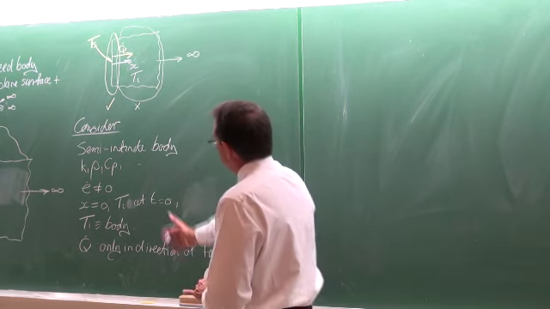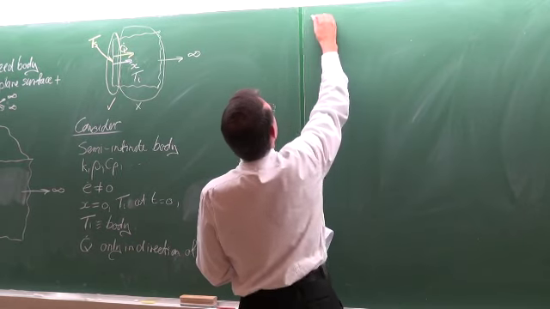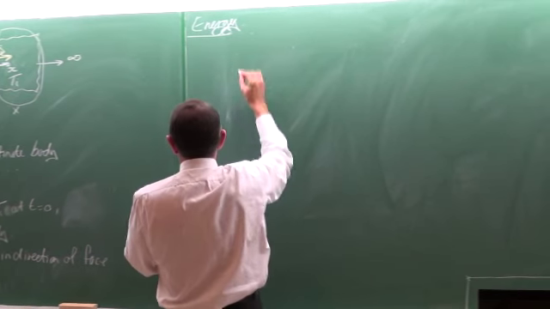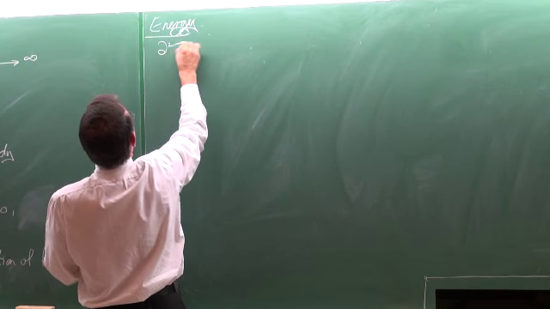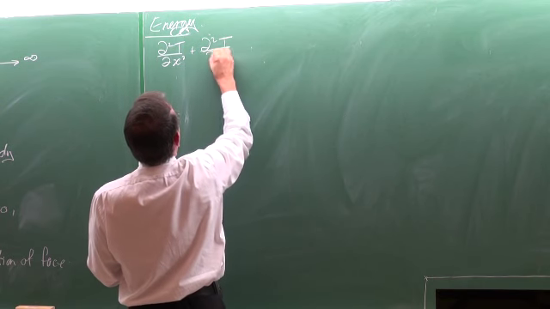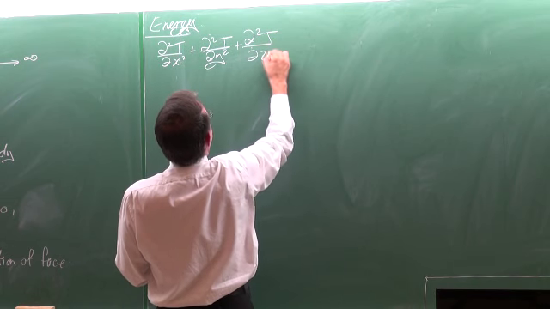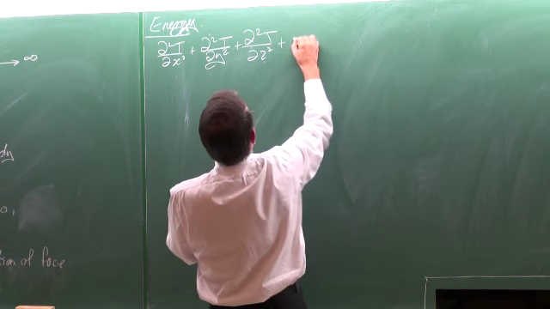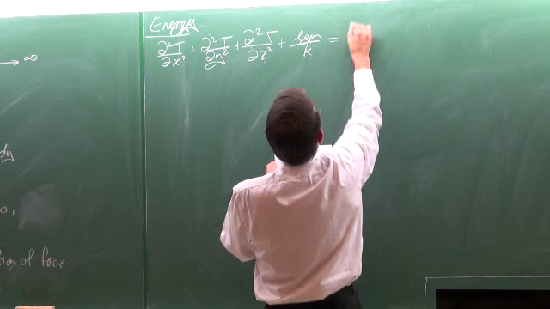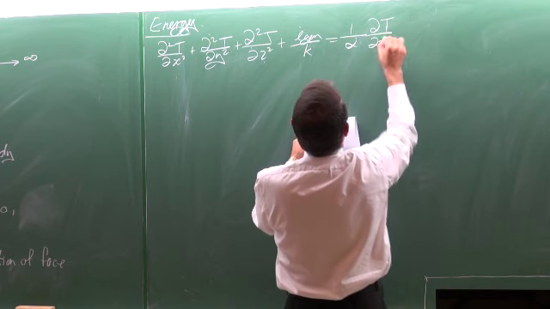Okay. That is what we're going to consider, and that is our assumptions. Let's start with the energy equation. The energy equation says partial d2T/dx squared plus partial d2T/dy squared plus partial d2T/dz squared plus E_gen divided by k is equal to 1 divided by alpha multiplied by partial dT/dt.